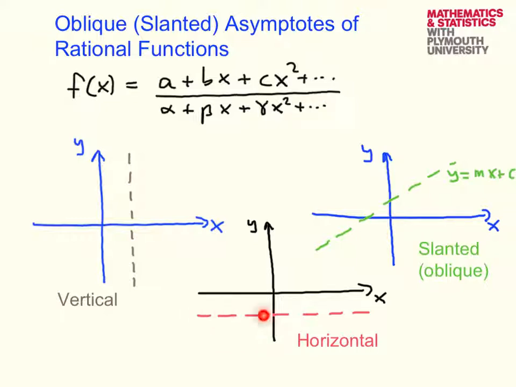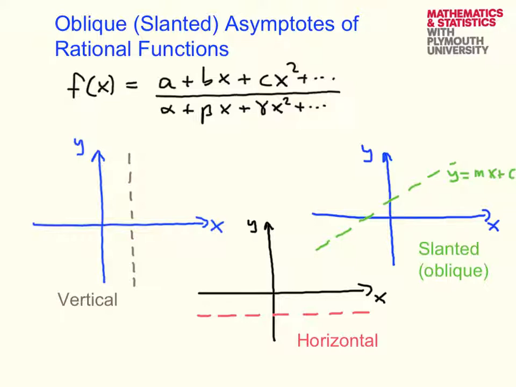So again, we will see in a moment how that behaves, but this is determined by the largest values of x that there are here. So whatever the largest powers of x are in the numerator and the denominator, they will determine what happens for large positive and large negative values of x.